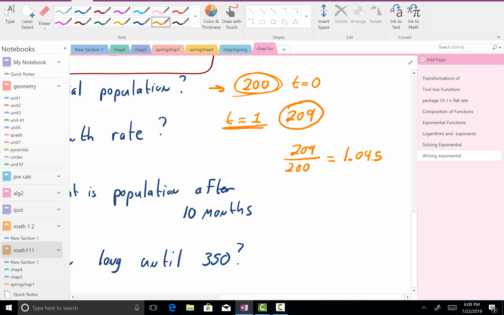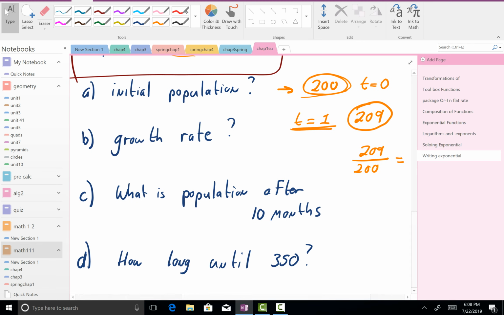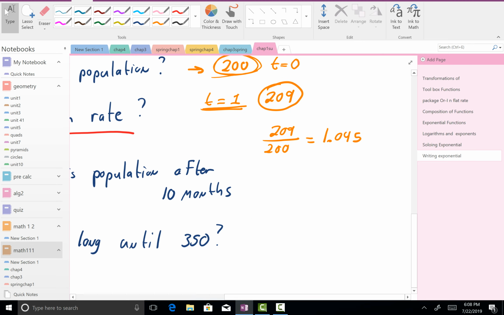1.045. Okay, now we have to be careful because the question's asking us for the growth rate, all right, not the growth factor, because this number, remember, is the growth factor. That's how much it's growing by. But we want the rate. So how would we get the rate? What are we going to do with that?